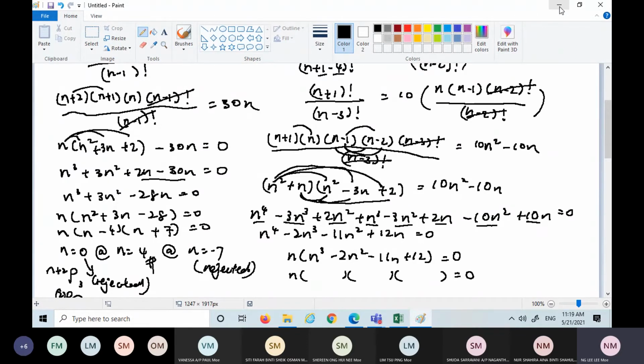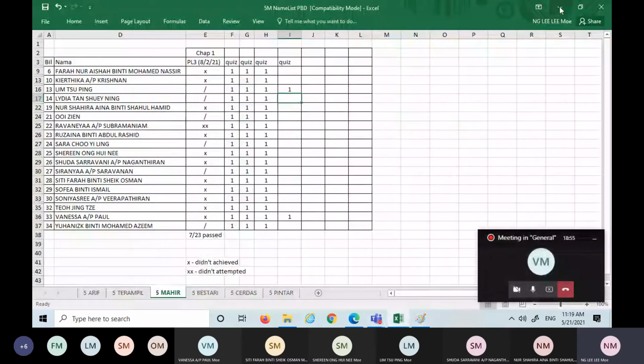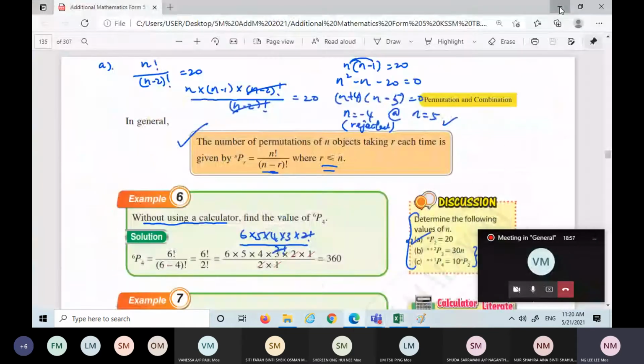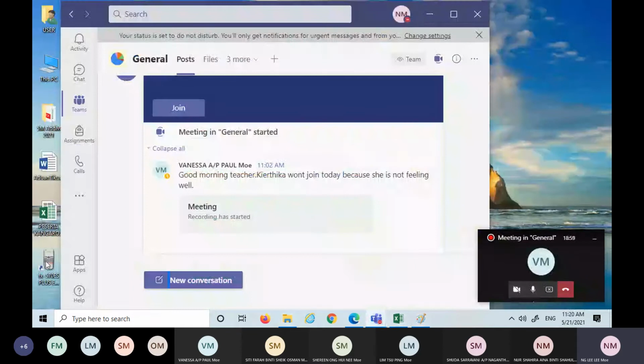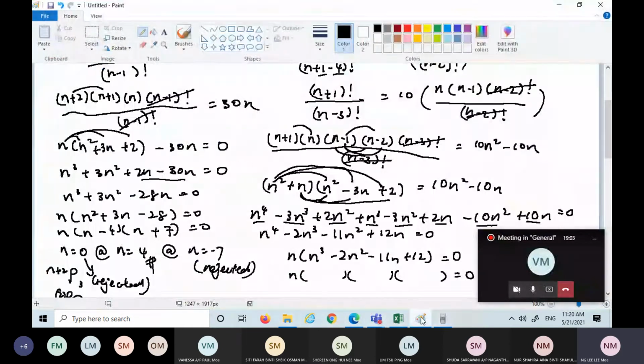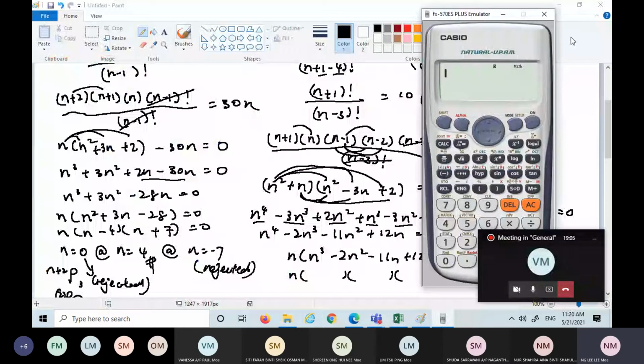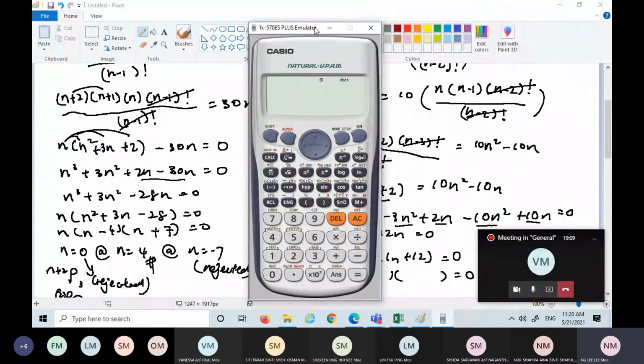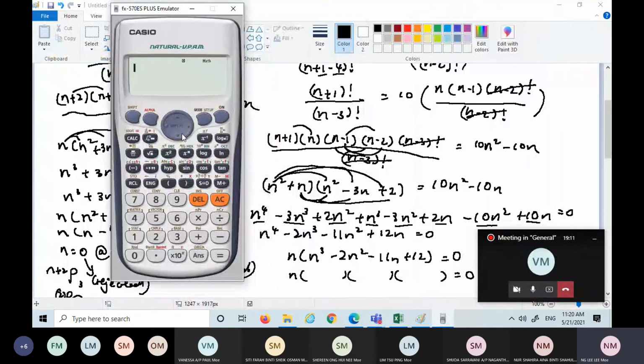So I will show you how to use a calculator to get the factors.